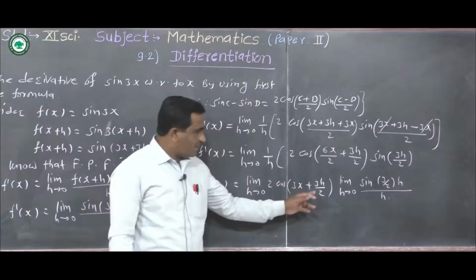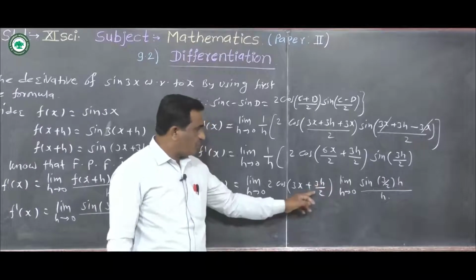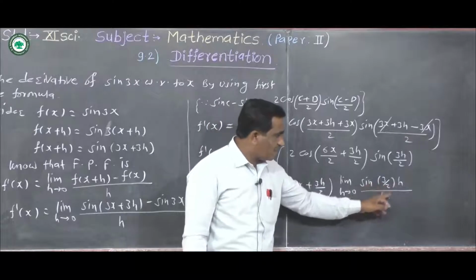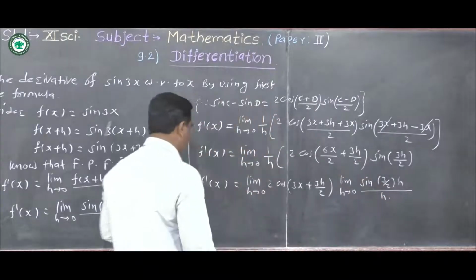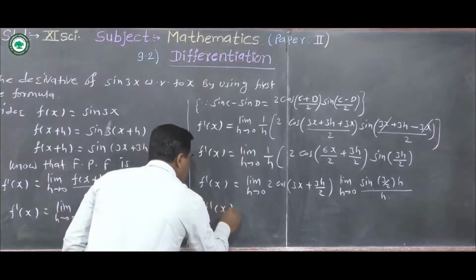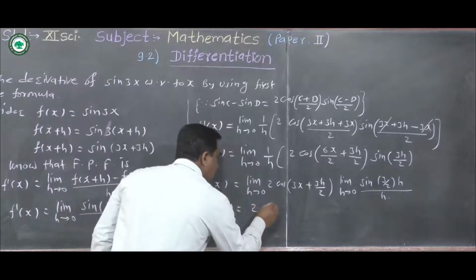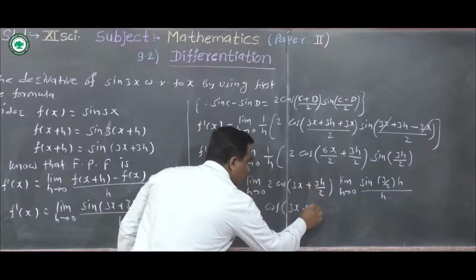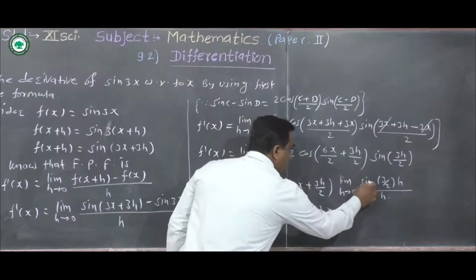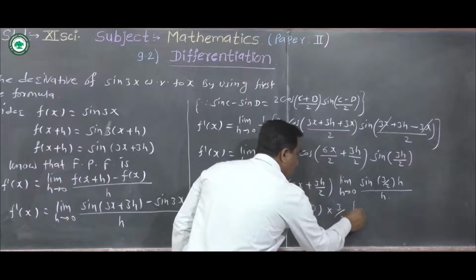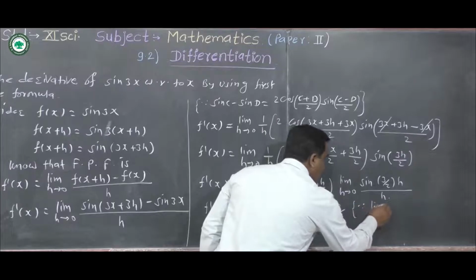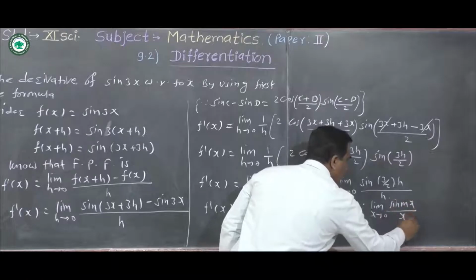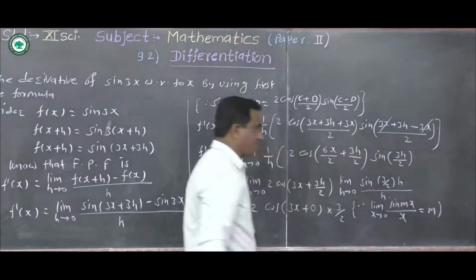Now we can put here limit directly, h equal to 0, and here we can use formula limit x tends to 0 sin mx upon x is equal to m. Then we can write here f dash of x is equal to 2 is a constant term, cos of 3x plus h means 0 into value of this term is 3 by 2, because using this formula limit x tends to 0 sin mx upon x is equal to m.